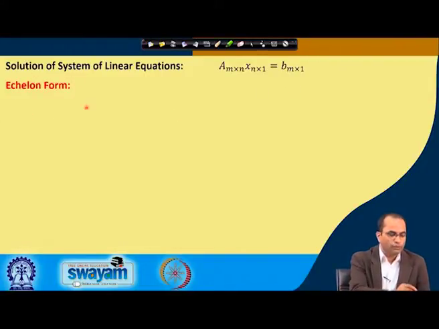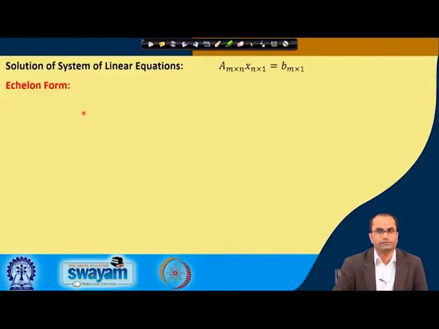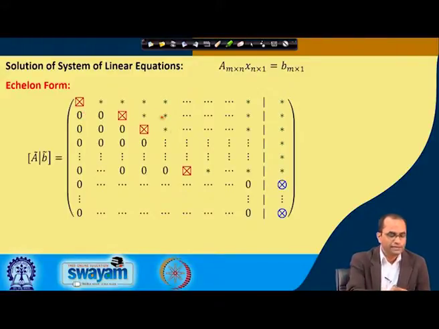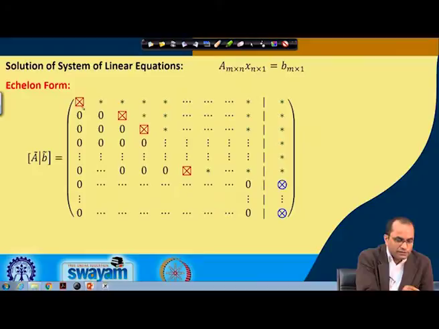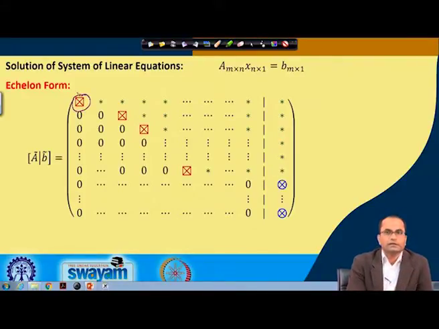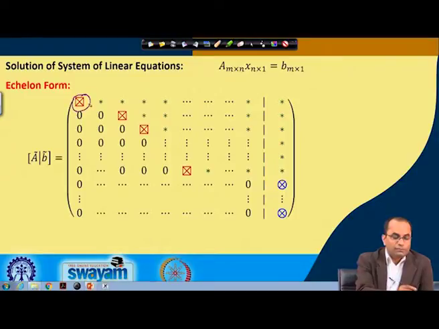What is this echelon form which we have introduced already in the previous lecture? In general, it will have this form. These elements denoted by this symbol here are the pivotal elements, and these are non-zero elements. What is the property of a pivot element?